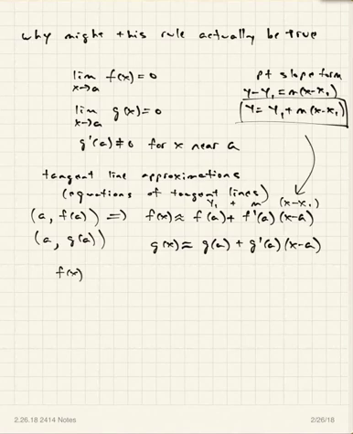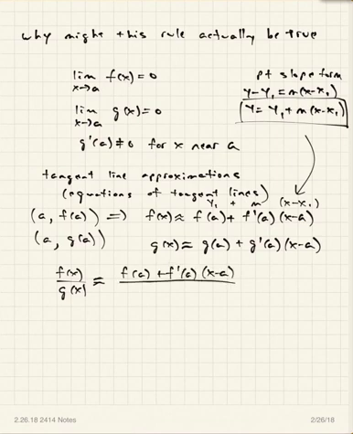So now what does that give us then? If you look at the ratio f of x over g of x, remember that's what we're after when we're talking about L'Hopital's rule, these fractions like this, then that would be approximately equal to f of a plus f prime of a times x minus a over g of a plus g prime of a times x minus a. All right, it's just the ratio of those two tangent line approximations.